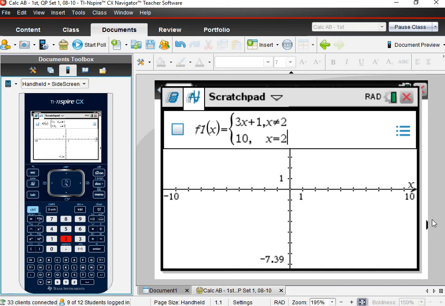One cannot equal the other, so it kind of stops right on top of it. Okay, so when x equals 2, my answer is 10. But that means that when x is not 2, it's everything else but 2. It is this function here. Okay, let's see. I'm going to hit enter.